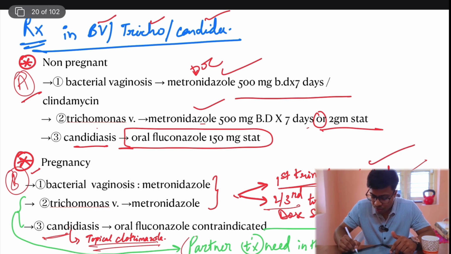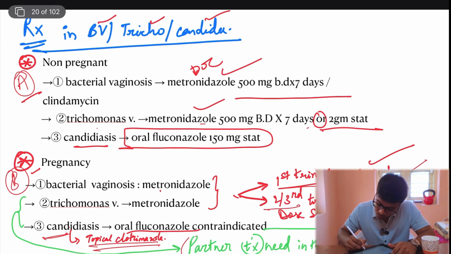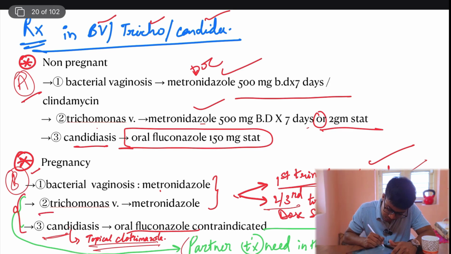In the first trimester we give vaginal Metronidazole, in the second and third trimester we give the oral dose. So the dose is the same for both. Then candidiasis: oral fluconazole is contraindicated in pregnant women. Then topical clotrimazole we have to give in case of candidiasis. Partner treatment is needed in these two diseases, that is Trichomonas and Candida.